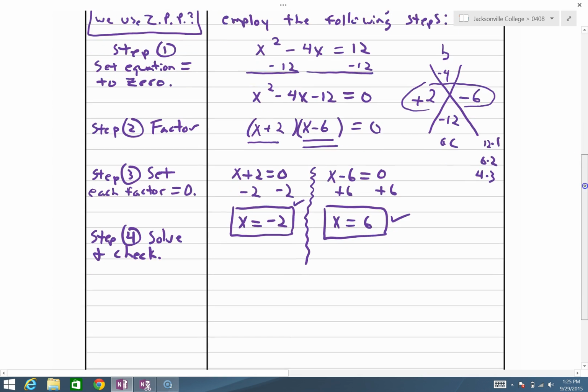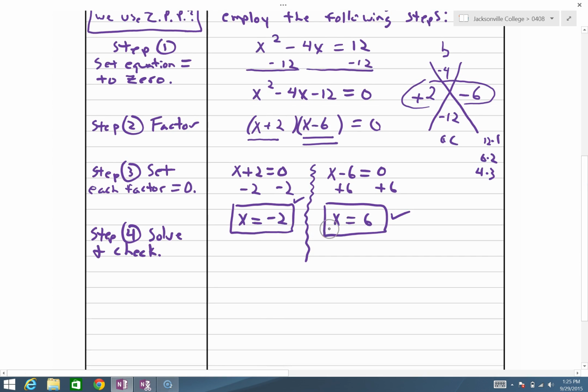So my solutions are both of these things. I can write this a couple ways. I can say x is negative 2 comma 6. I can say x, and we use this symbol that means an element of, that little sideways looking e. We're saying x can be negative 2 comma 6. That's one way to do this.